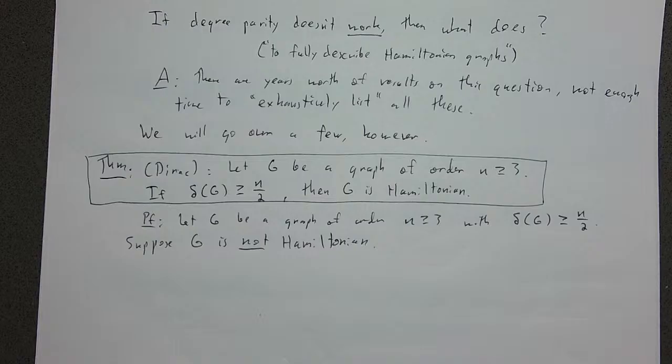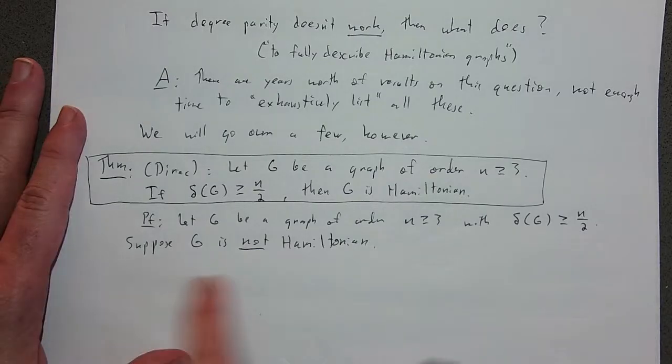So if we think for a second about what this means, not being able to construct a Hamiltonian cycle in the graph means that the paths in the graph, if they start to be close to Hamiltonian, have to fail somehow, and this is going to say something about, for instance, their lengths, right?